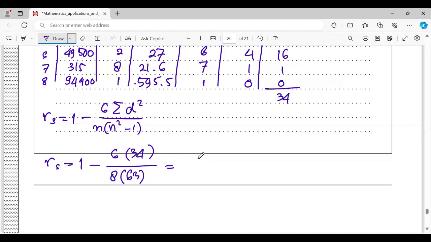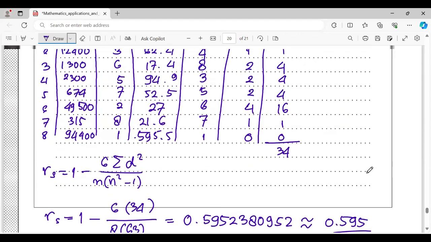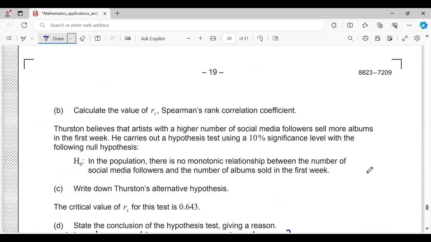If you calculate, the result is 0.5952, which approximately becomes 0.595. That is B.